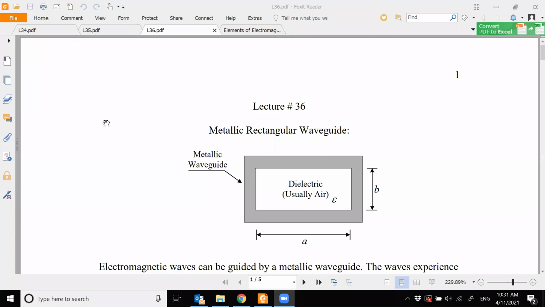Why is it 0? I discussed this, guys, I think in Thursday's class. I explained this to you. If this is my interface, and we always measure the angles with respect to the normal to the interface. So this is my normal to the interface.